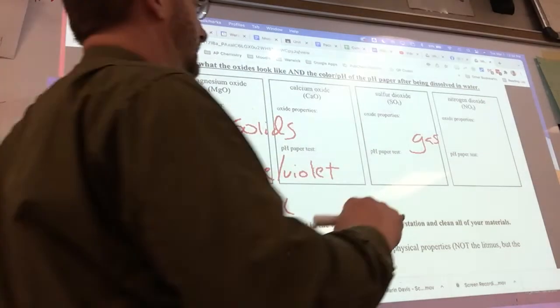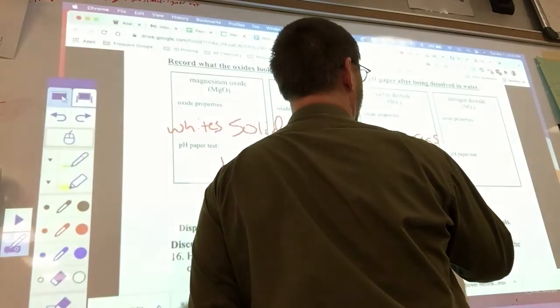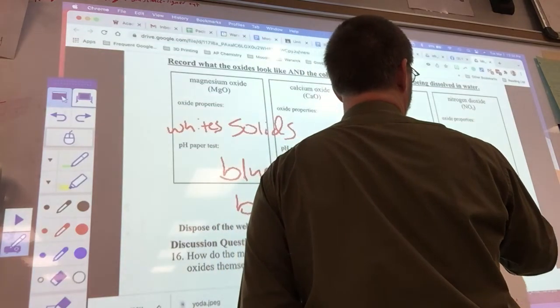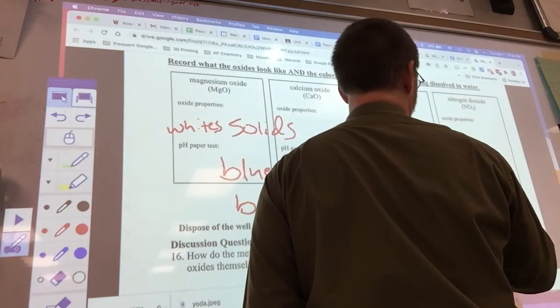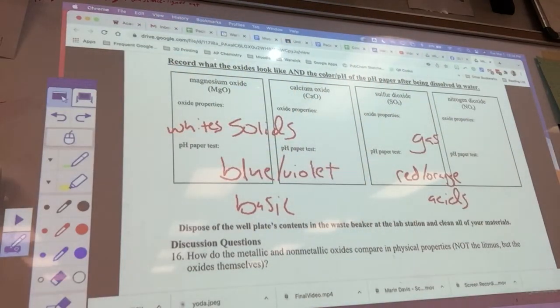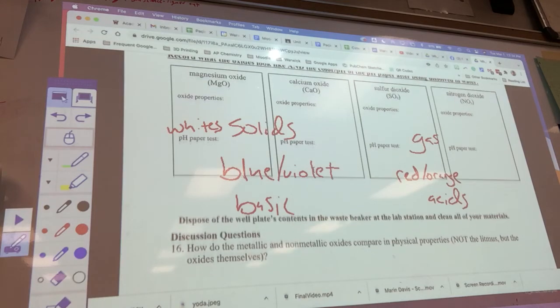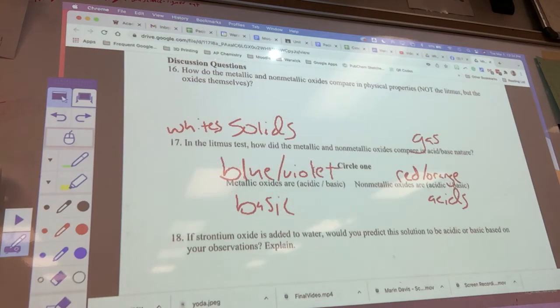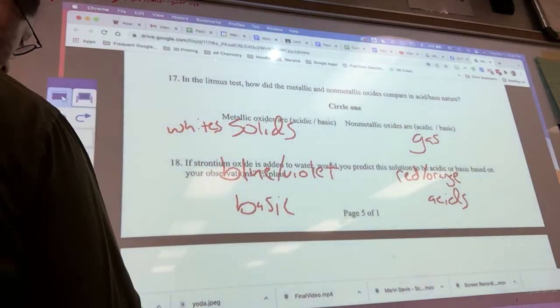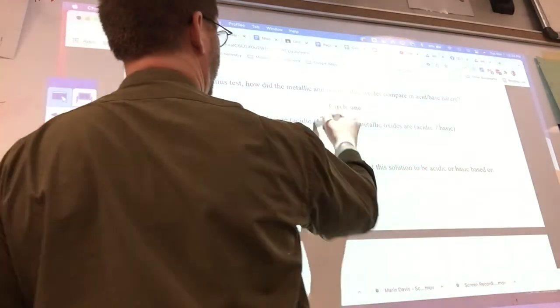Acidic. Yeah, red or orange acids. And again, that's why it's called acid rain. Those pollution gases, sulfur dioxide, nitrogen dioxide, get into the water, they form acids. So if we're doing that in this format here, same answers, basic and acidic.